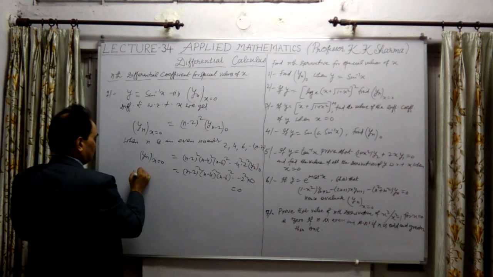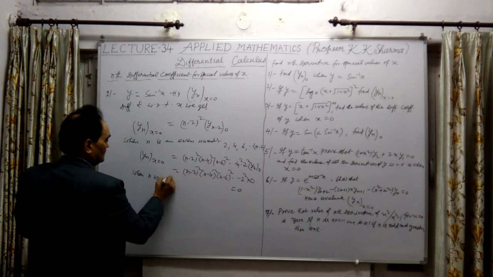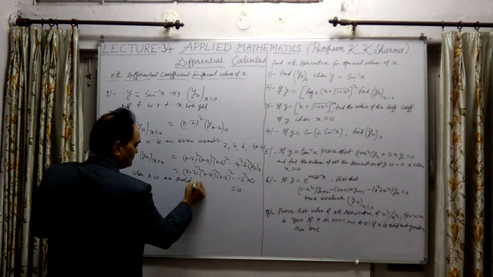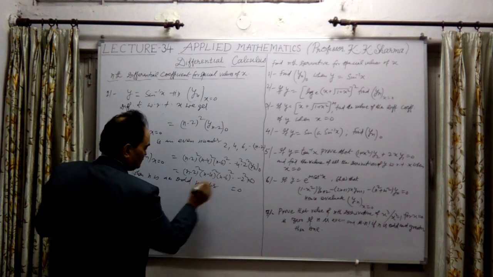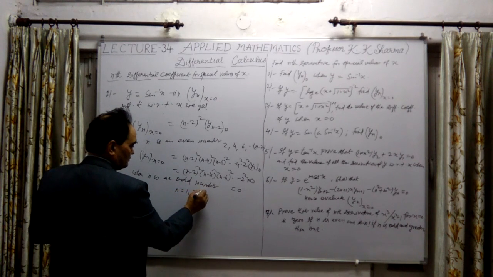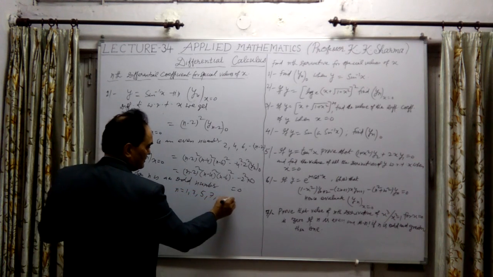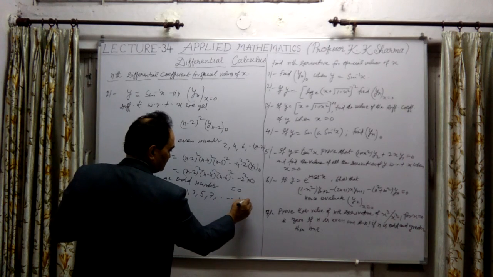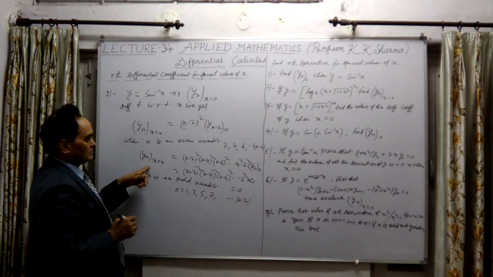When n is an odd number, that means n equal to 1, 3, 5, 7, etc., up to n minus 2, here also we have to substitute n minus 2.